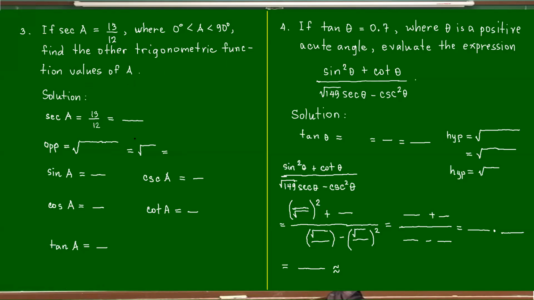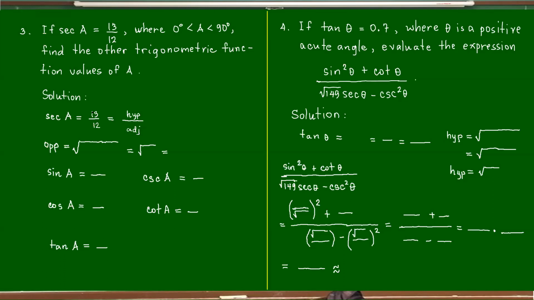Okay, and then we have secant equal to 13 over 12. That is hypotenuse over what? Over adjacent. So we can arbitrarily assign hypotenuse a value of 13 and adjacent a value of 12. When you say arbitrarily, that is not actually permanent.